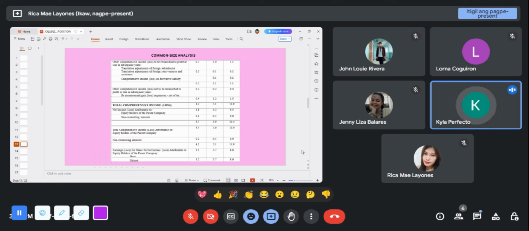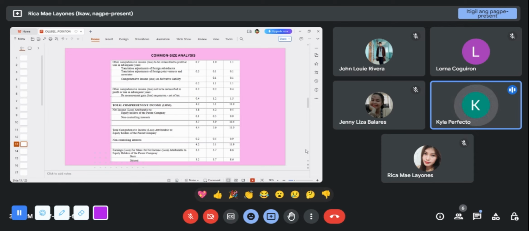Translation adjustments of foreign joint ventures and associates, 0.5 in 2022, we have 0.1 in 2021, and also 0.1 in 2020. Comprehensive income loss on derivative liability, we have in 2022 none, in 2021 0.1, in 2020 we have 0.1.